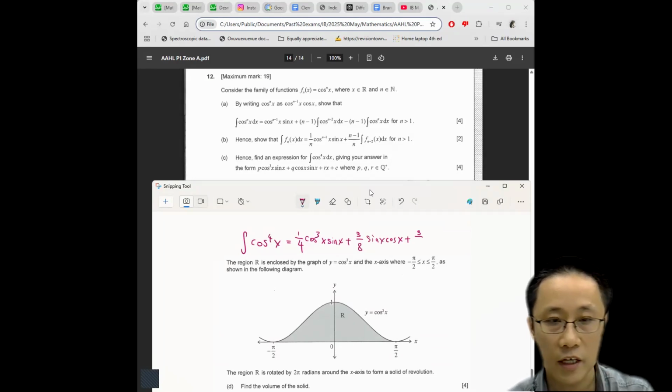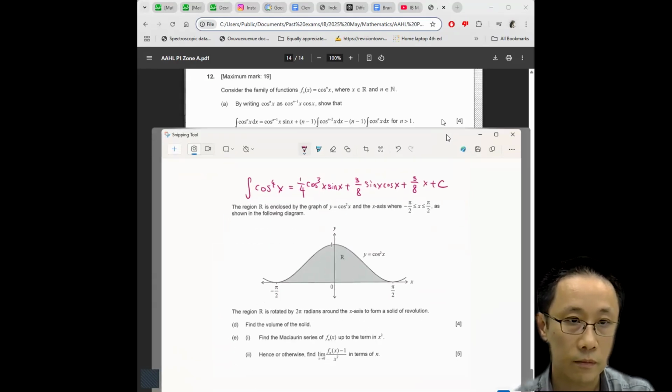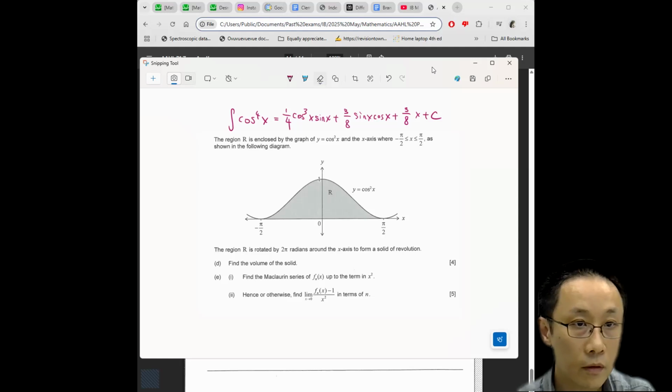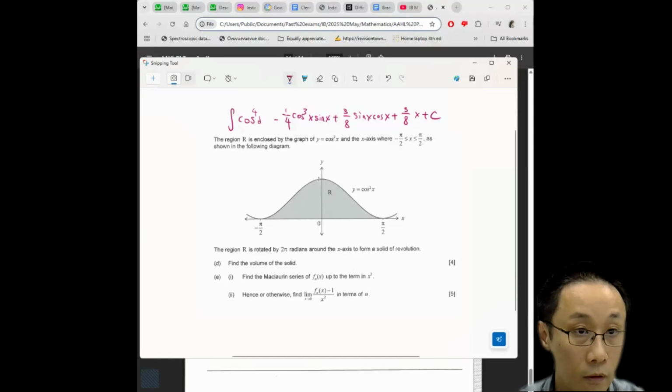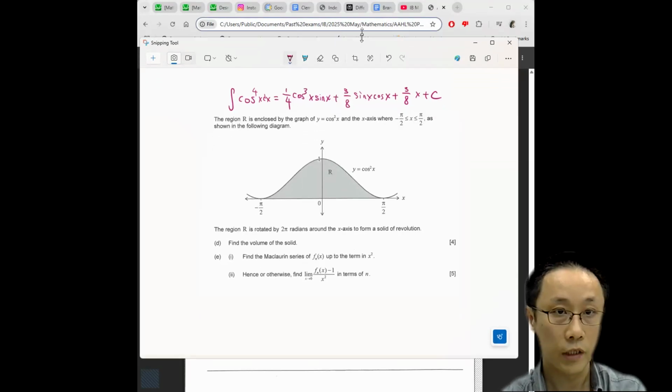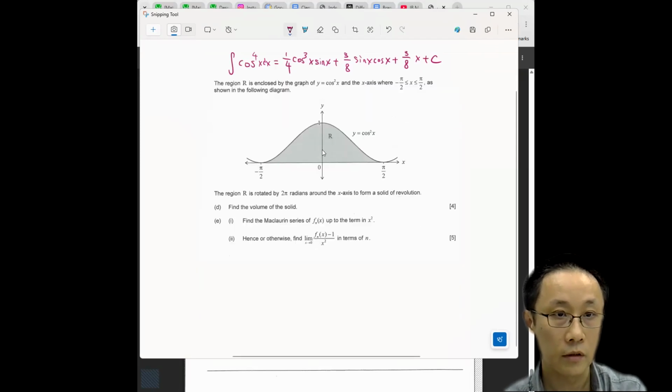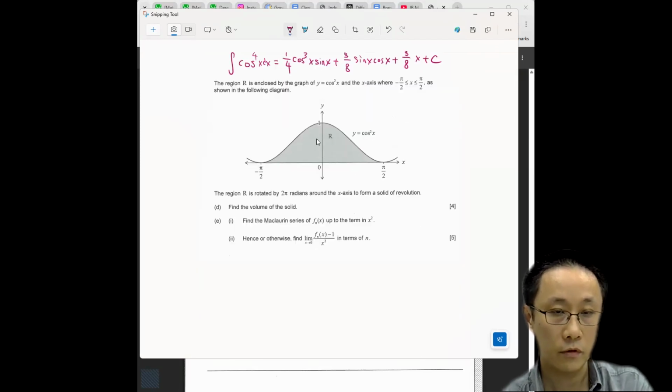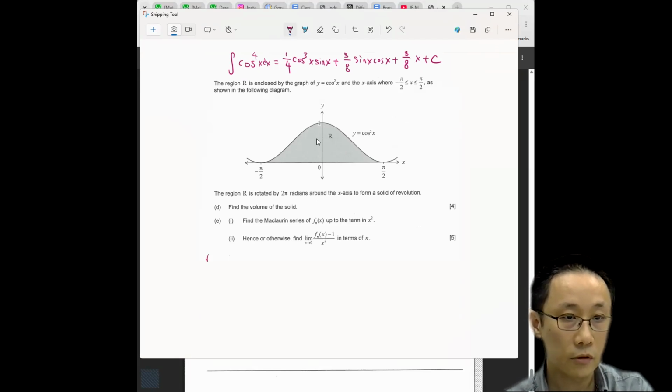Yeah, it was a mistake. I think I wrote R to be 1/2. I need to multiply the 1/2 by 3/4 as well. So we have this result in mind, so we can now find the volume of revolution of the solid by first setting up the integral.